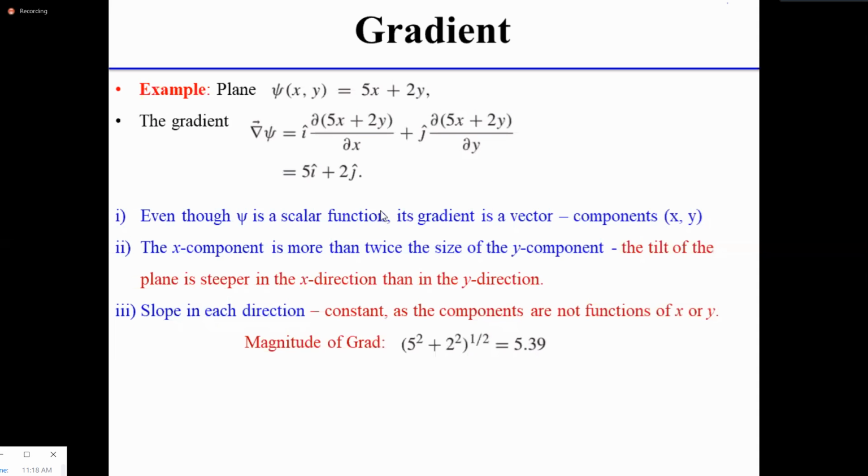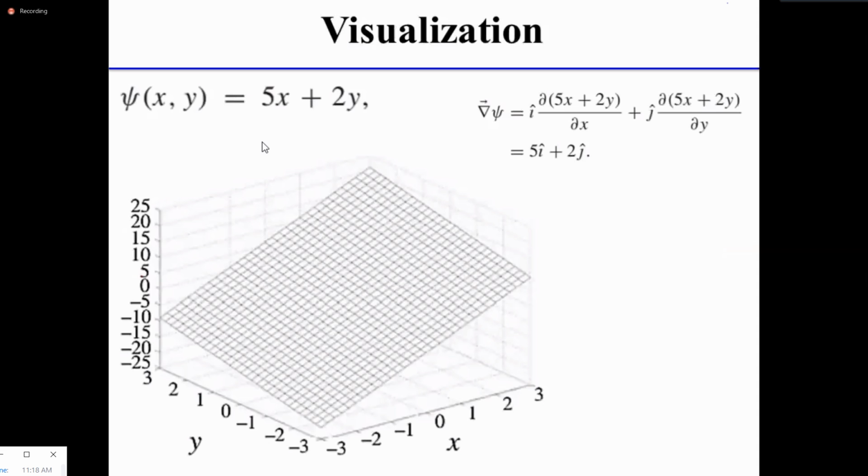So if I want to represent or visualize this plane psi of x comma y equals 5x plus 2y, then you will expect that it will have a steeper rise along x direction as compared to y direction, which gradient shows. So I have shown it here. You have x axis on this side and y axis on this side.